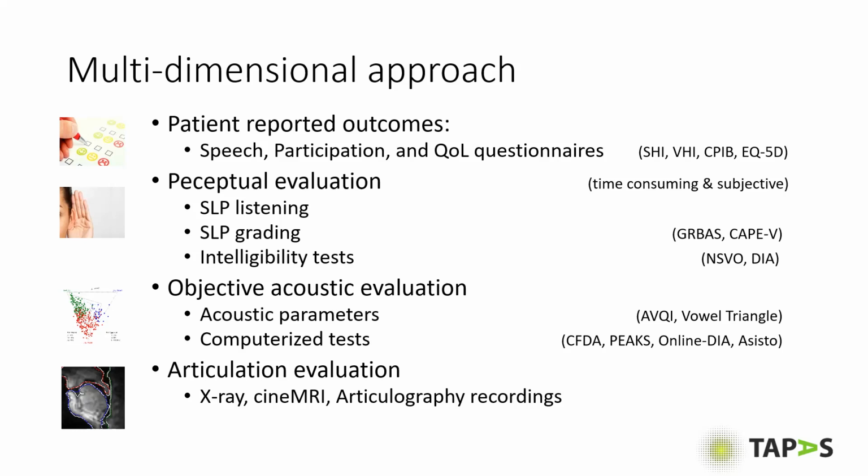But we would rather look at the articulators themselves, because speech is indirect and complex and affected by everything and the phase of the moon. So we would like to do articulatory evaluation, not only in speech, also in swallowing, because tongue movements are what makes swallowing and what breaks swallowing.